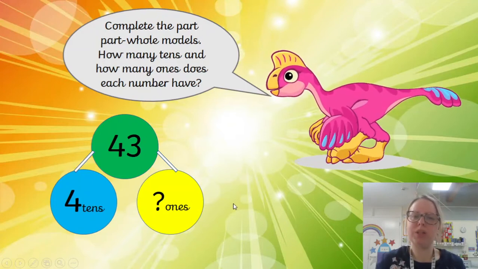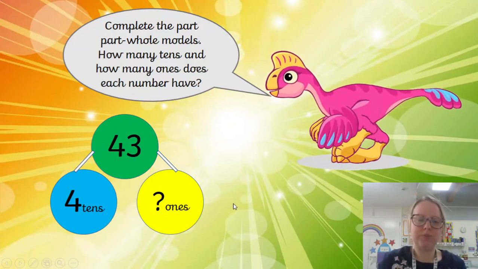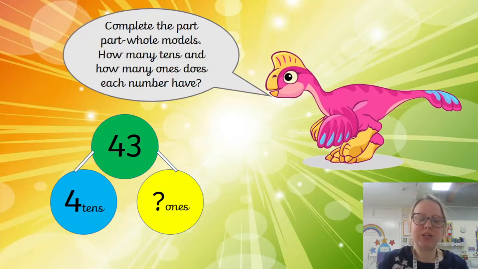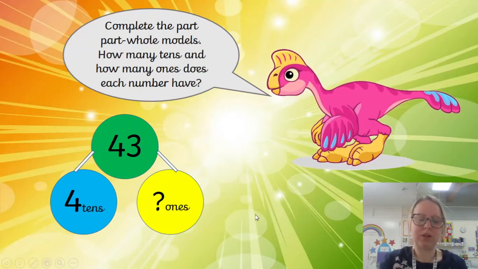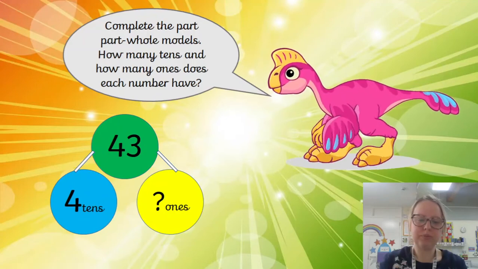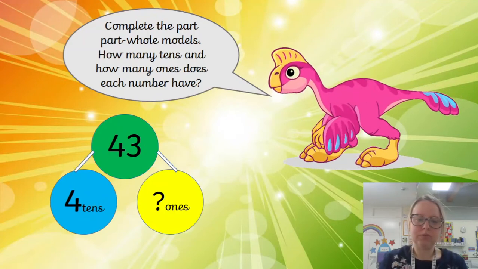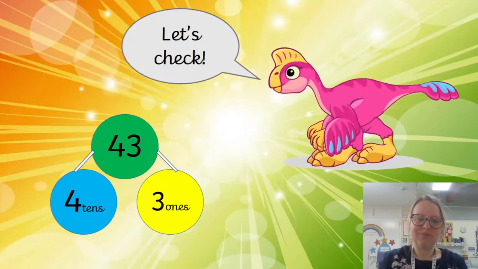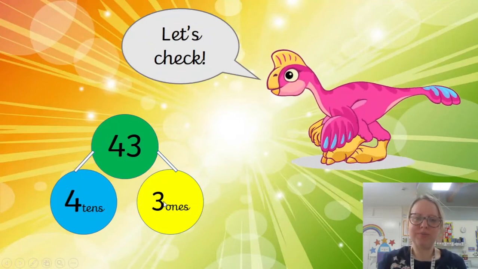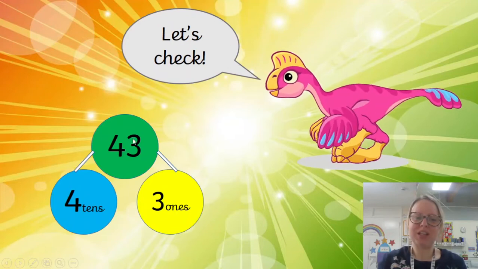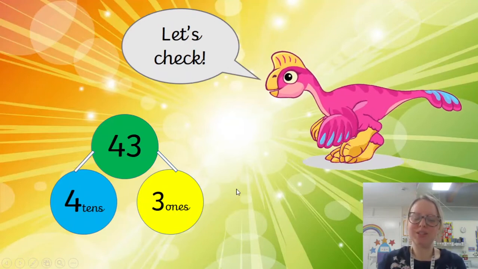Can you write the ones down in your book? Let's check. Did you write down 3 ones? So 43 has 3 ones.